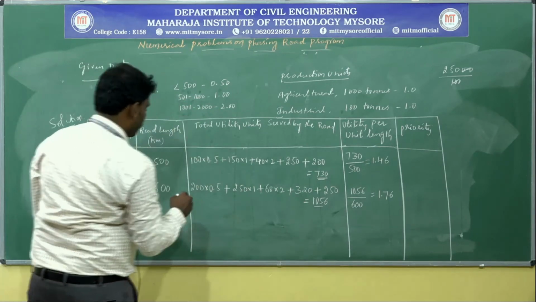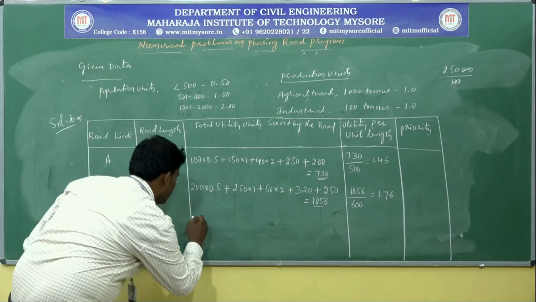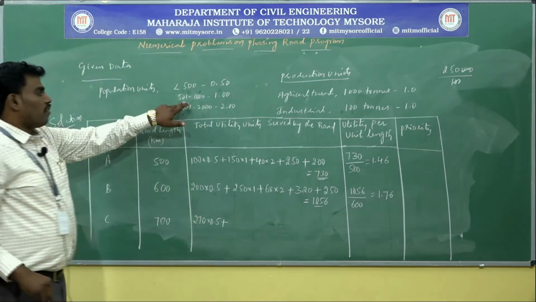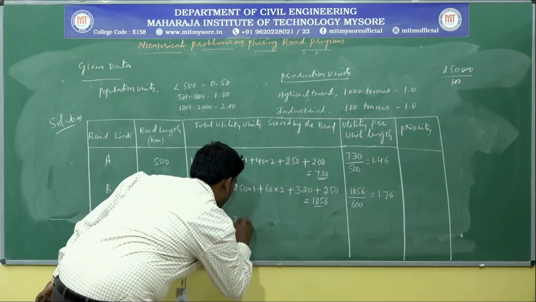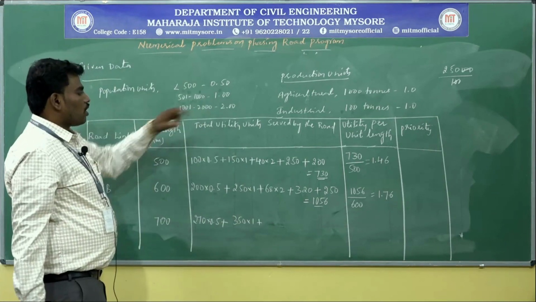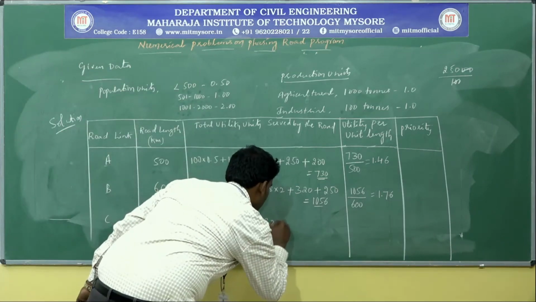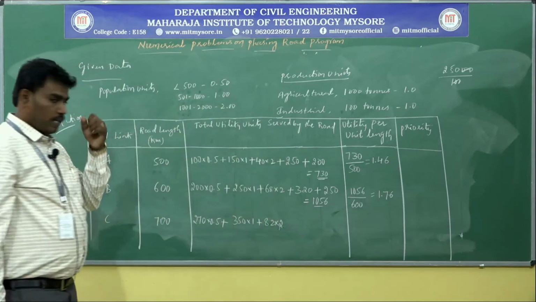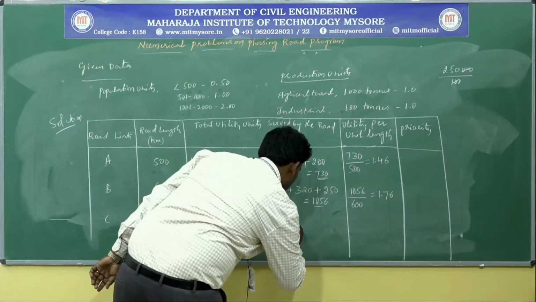So 270 multiplied by 0.5, plus 350 multiplied by 1, plus 82 into 2, since the unit for that band is 2. The summation gives the total population units.